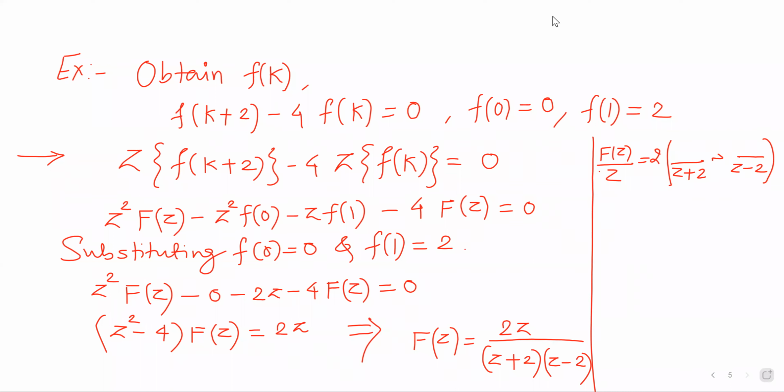With plus sign. Even we can adjust here too, no? That will be 4. So this will be z minus 2.